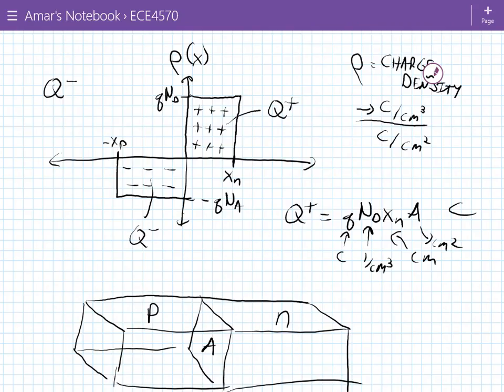If you integrate charge density, you get charge. So Q minus is equal to Q times NA times XP. And then remember, we also have to multiply this by the area, A.